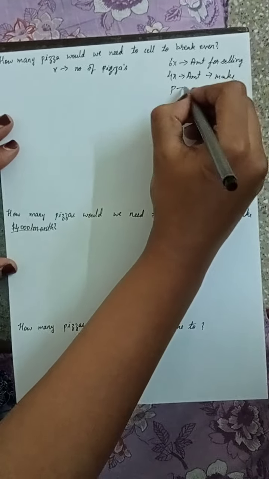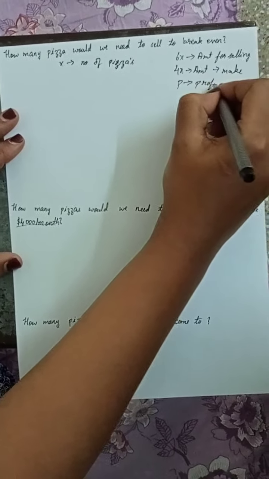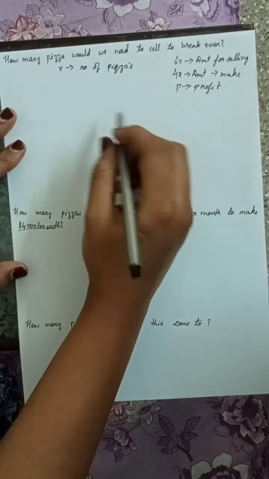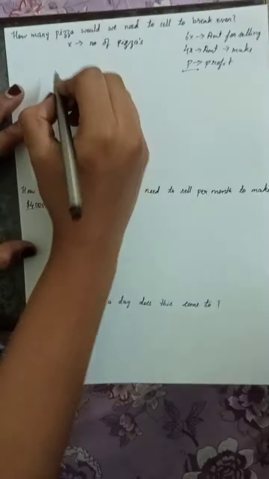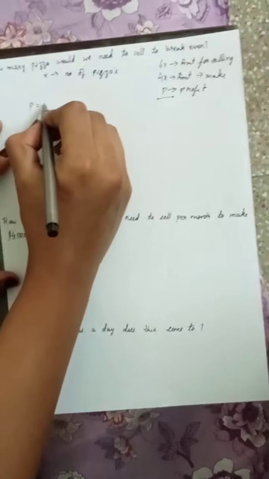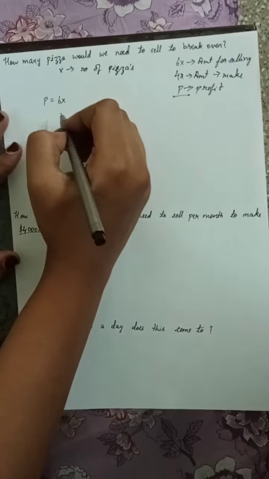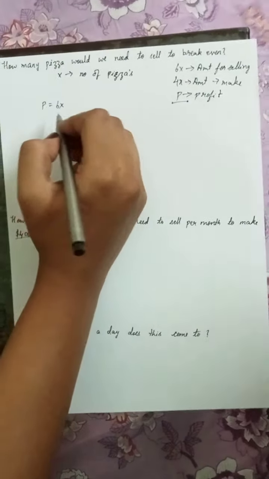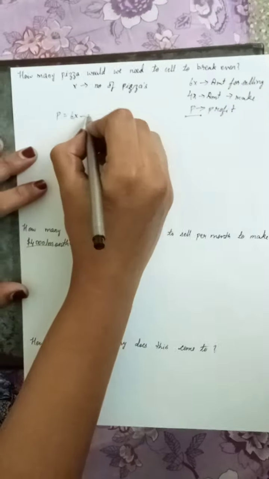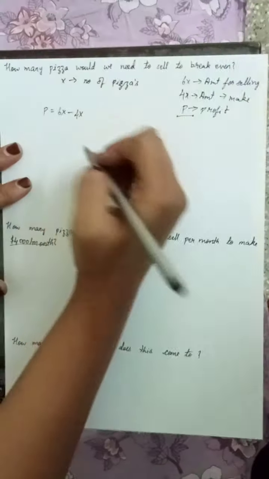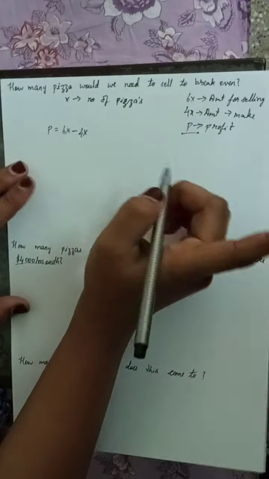So now let P be the profit. So now to calculate profit, I'll take 6x, the amount that I'll be selling the pizzas for. I'll subtract from it 4x, that is the amount needed to make the pizzas.